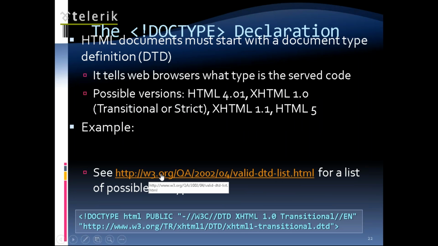According to the W3C, the W3 Consortium, we should create the website following their standard. The present release is HTML5, so we should write the doctype according to HTML5. In the list of doctypes, first we used to write the doctype with W3 DTD XHTML 1.0 Transitional. This lengthy statement we used to write.